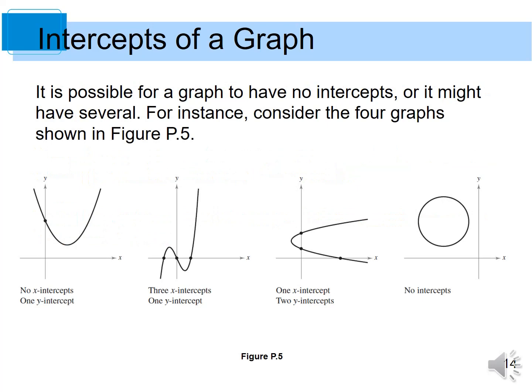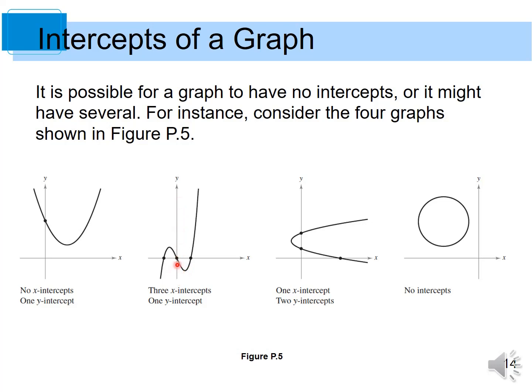Here are some of the possibilities of intercepts of a graph. In first diagram, the curve has no x-intercept, but one y-intercept. For second diagram, there are 3 x-intercepts, 1, 2, 3, and 1 y-intercept.